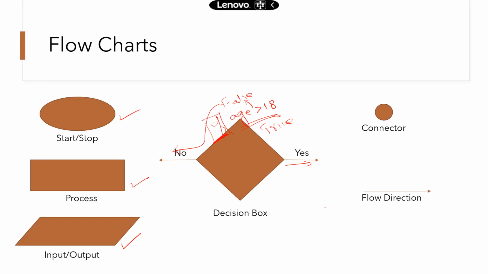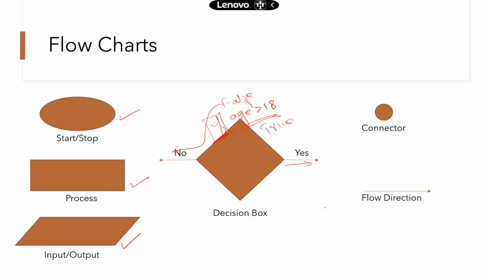So we put a connector there, and we place the connector on the next page to represent that this is where it is ending, and this is where it's starting from on the next page. And not only that, but if we have multiple modules that we are developing, and we want to connect one module to another module in a flowchart, we can also use the connectors at that time.